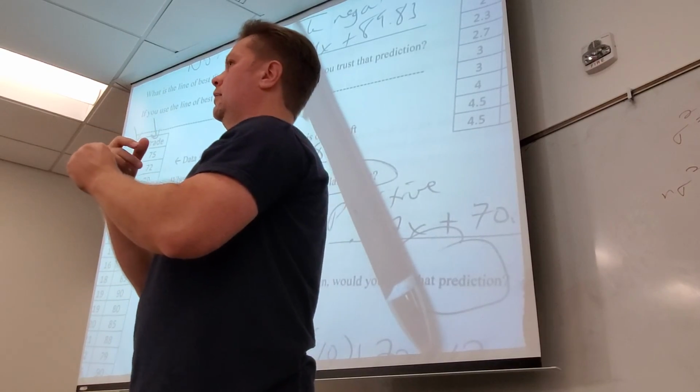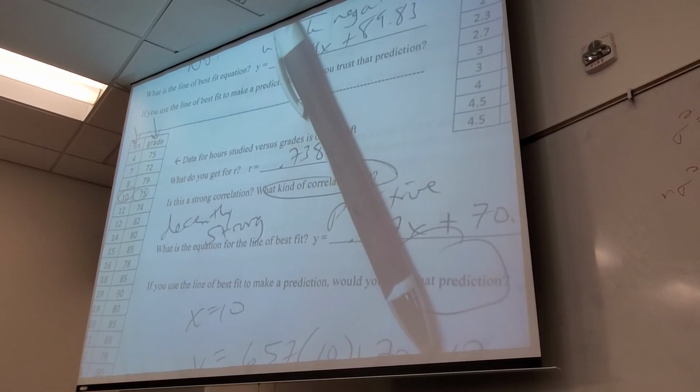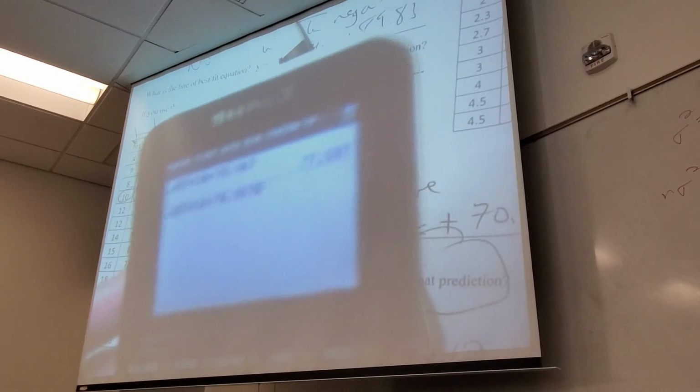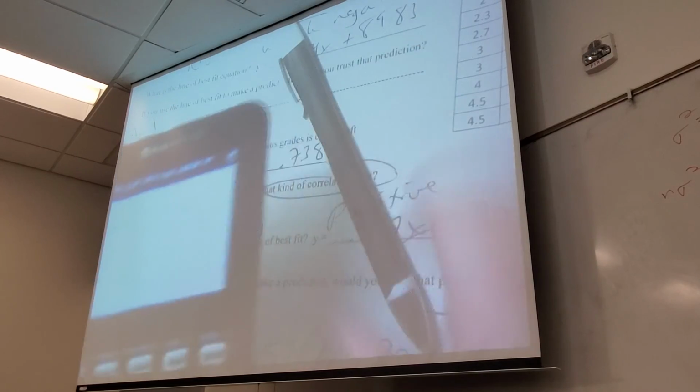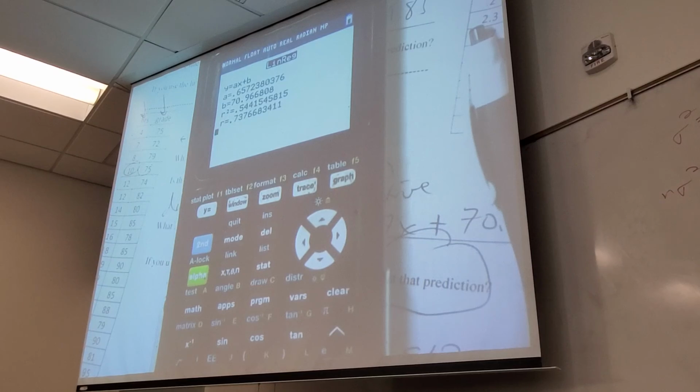And the last piece of this that's not going to be terribly important. I don't know if anybody is curious about why the calculator seems to waste time telling me what R squared is. And this is what R squared means.